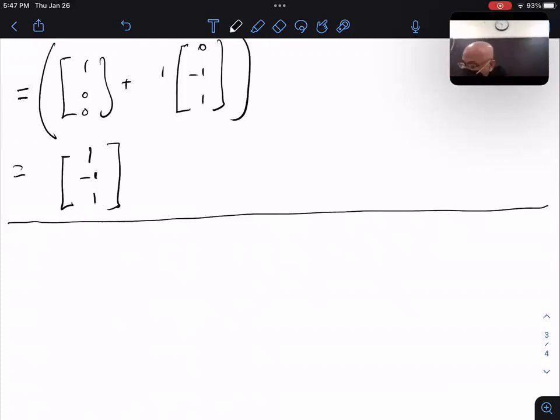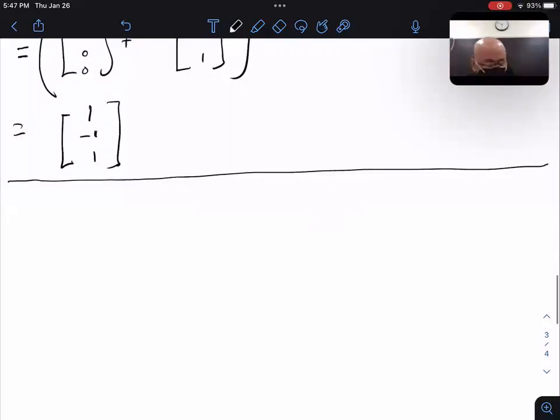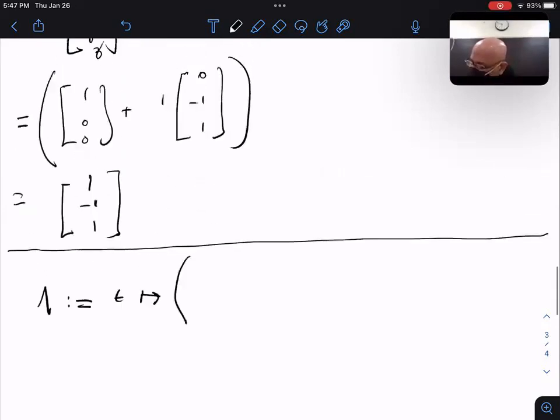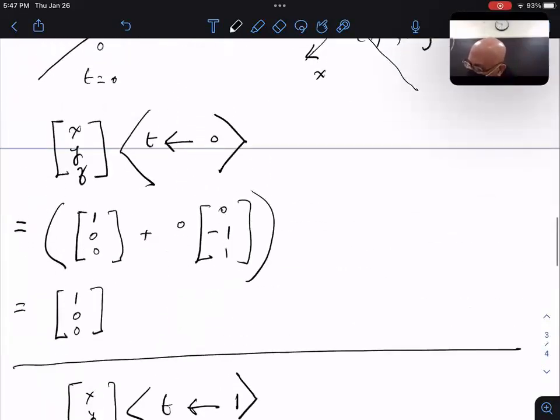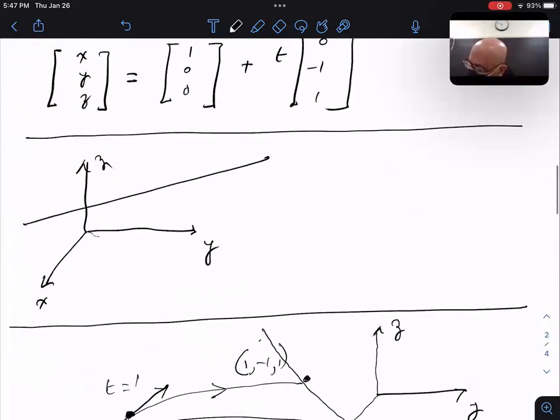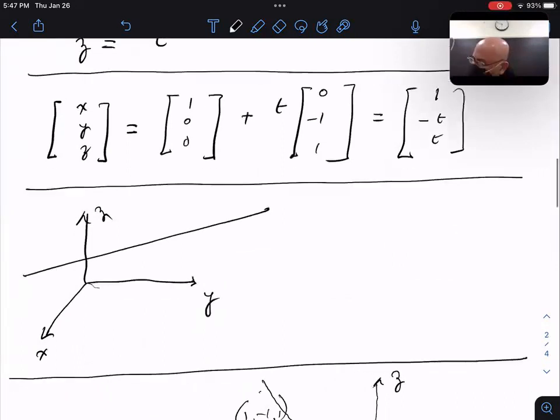So the functional form, which I write as follows: lambda sends t to, what should it be? 1 plus, just a minute, go back. Is equal to how much? This is (1, -t, t), right?